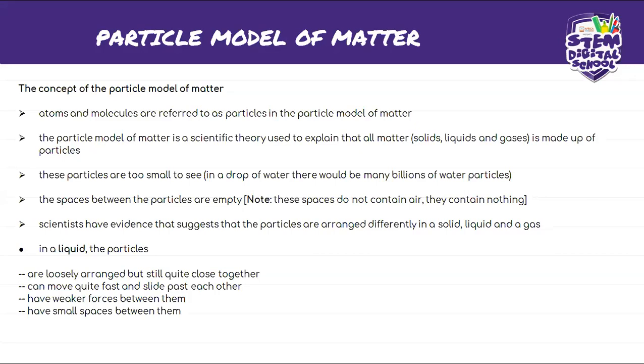The second point is that they can move quite fast and slide past each other. Another characteristic of liquids is that they have weaker forces between the particles. When we compare the forces of attraction, in solid particles the forces are very strong, and in liquid particles they are weak. We should also see that in a liquid, the particles have small spaces between them. So take note of this.